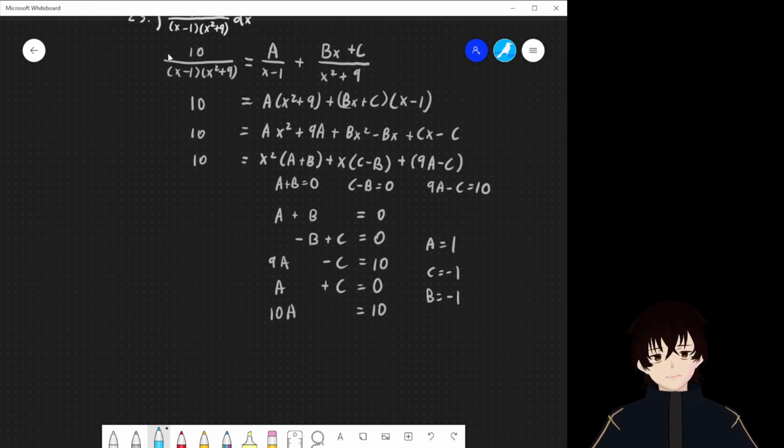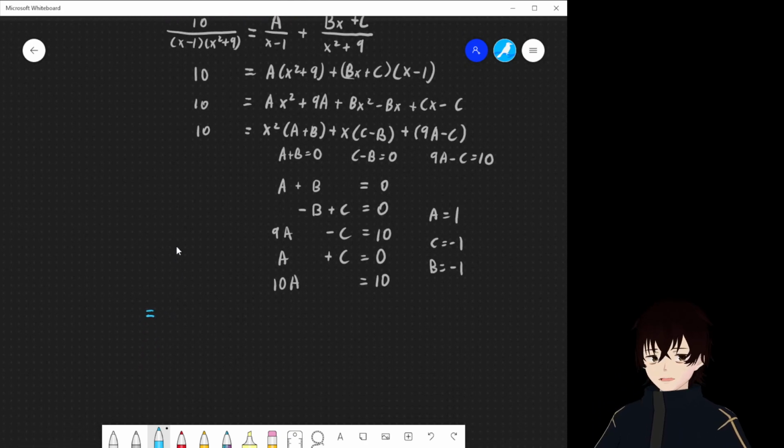So now let's rewrite for the integral. Must line up, must write in a straight line. Right here. We want an indefinite integral, right?